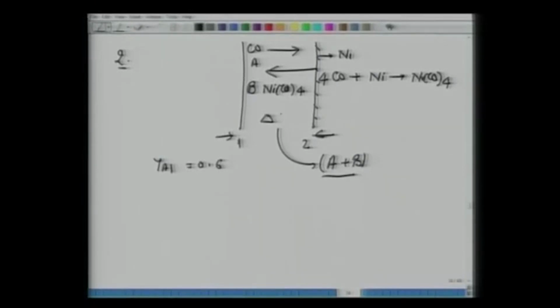Between 1 and 2, over this diffusion medium of delta Z, there is no chemical reaction. We can still assume steady state, no chemical reaction, and apply the same expression we obtained earlier, although the reaction takes place at the boundary, not within the homogeneous system.